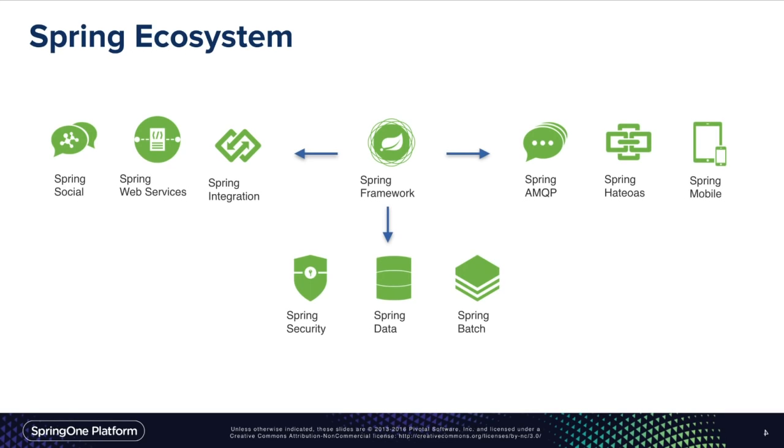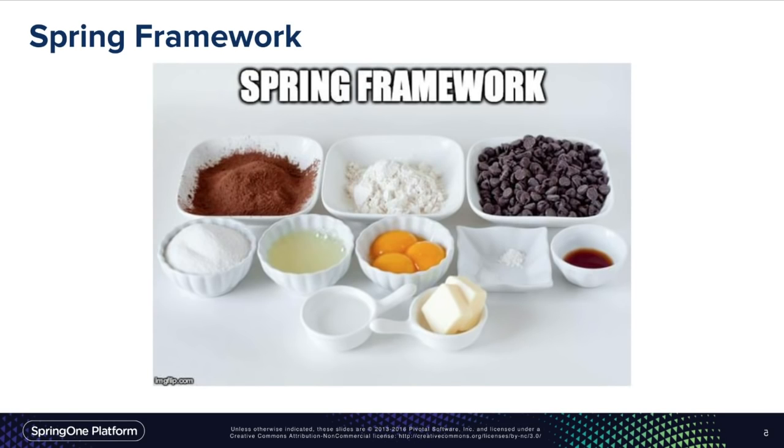I just had to create an XML file and keep my class, and then start injecting all the things that I need. This is the Spring Framework. We have seen all the modules, and the Spring Framework and the ecosystem provide all the ingredients that we need as a developer.